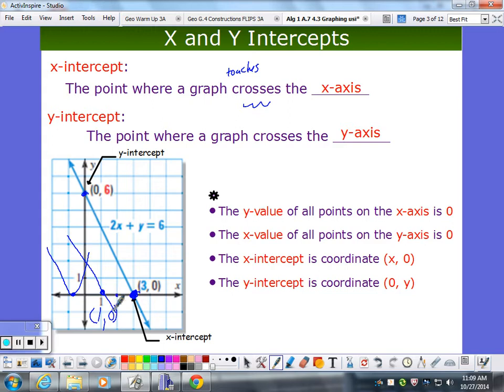What if it crossed in between there? 2 point something, right? Comma 0. What is the y value of any x-intercept? 0. And this is an important thing, and for some reason, we have trouble with this. So I want you to find that on the paper there, where it says finding intercepts near the top. Circle it.